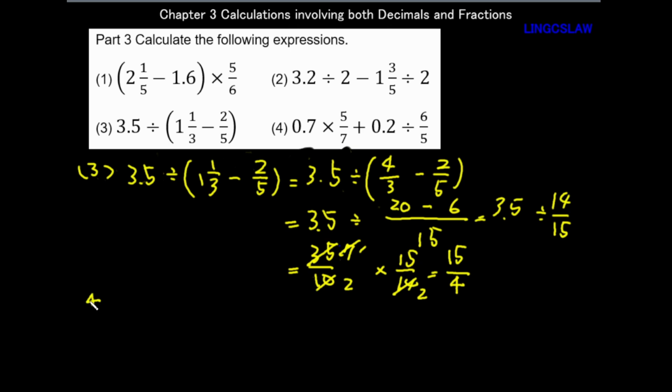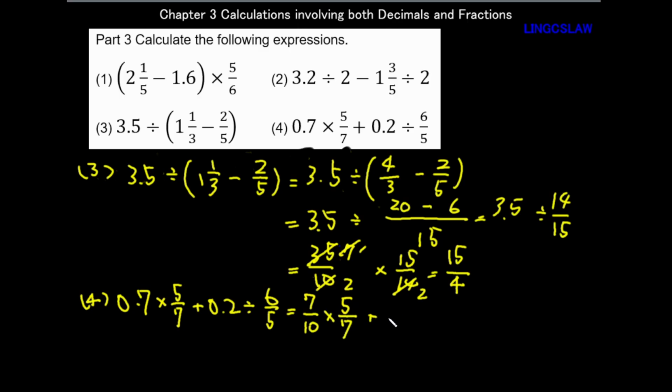number 4. 0.7 times 5 over 7 plus 0.2 divided by 6 over 5 equals 7/10 times 5 over 7 plus 2 over 10 times the reciprocal of 6/5, which is 5 over 6.